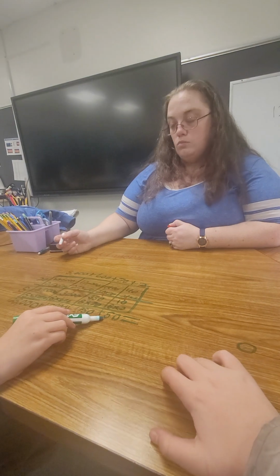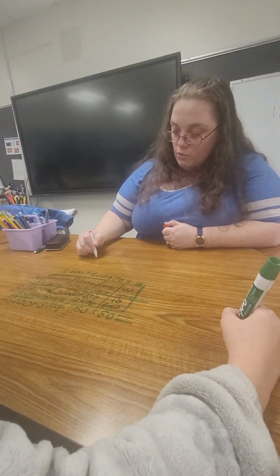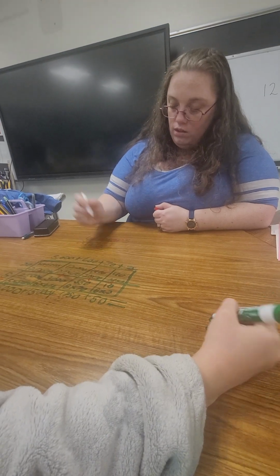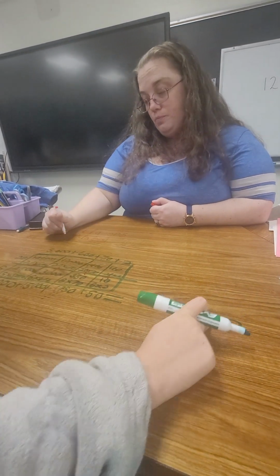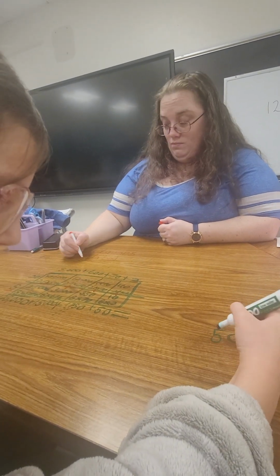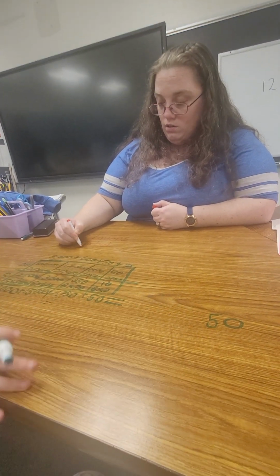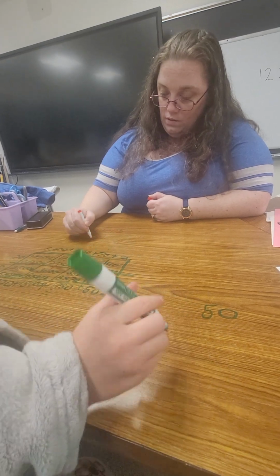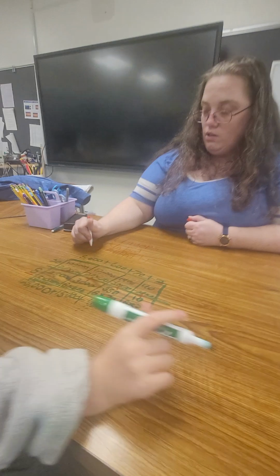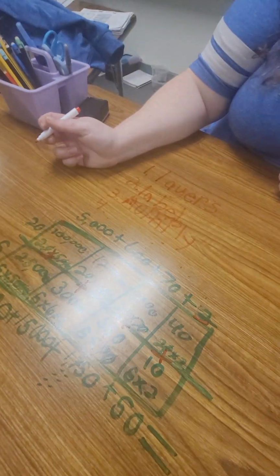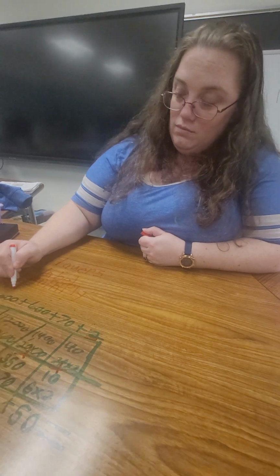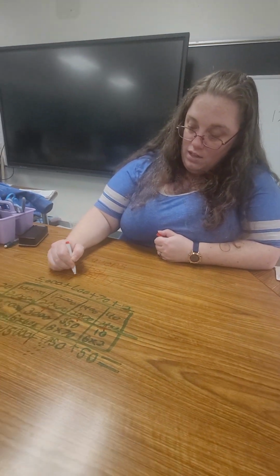Now you draw your numbers inside, so we label. Okay. Step number 3. We multiply. I know it's not the prettiest writing, but it's the best I can do. And then, what's the final step? We add.